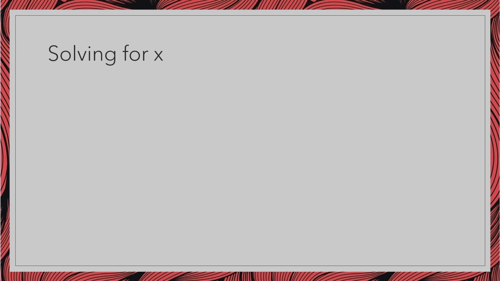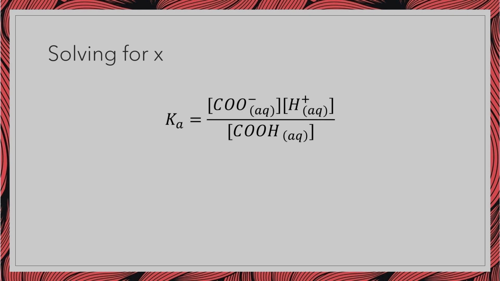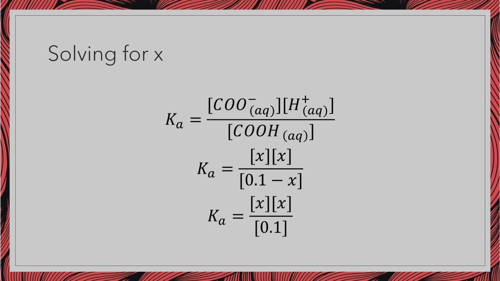So solving for X, we need our Ka equation. Sorry, I've missed a couple of H's there. It should be HCOO minus and H plus, and on the bottom HCOOH. But we know the top ones are X's, the bottom one is 0.1 minus X. We apply our assumption to get rid of that bottom X, and it gives us X times X over 0.1.